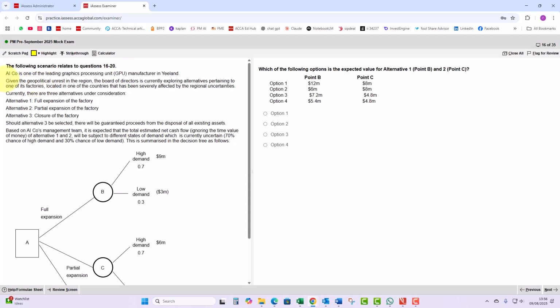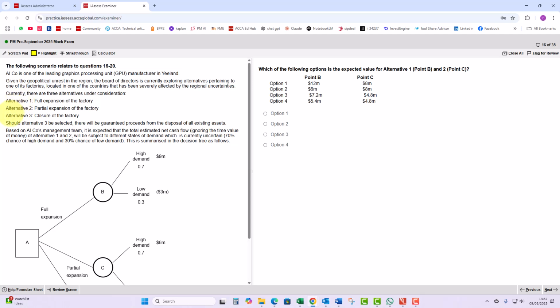So here's the scenario. Alco is one of the leading graphics processing unit manufacturers in Yeeland. Given the geopolitical unrest in the region, the board of directors is currently exploring alternatives pertaining to one of its factories, located in one of the countries that's been severely affected by the regional uncertainties. Currently, there are 3 alternatives under consideration. Alternative 1 is full expansion.